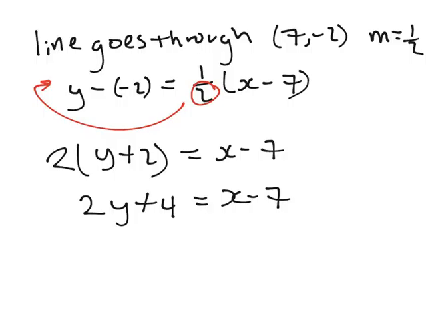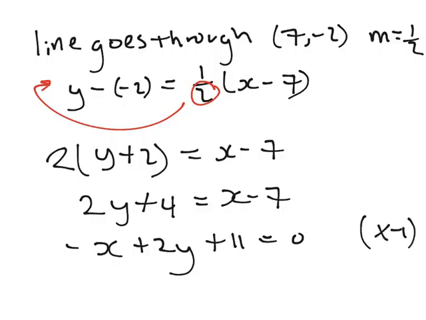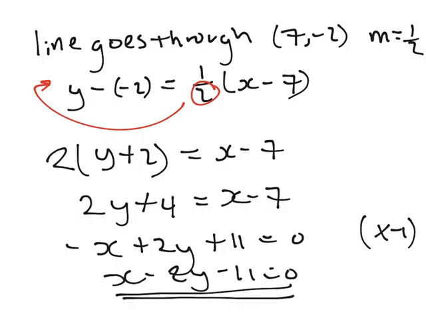Bring it over to the right hand side, I get negative x plus 2y plus 11 equals 0. And because I don't like negatives at the front, I'm going to multiply the whole thing by negative 1 to get x minus 2y minus 11 equals 0. And that is the equation of the line that we are looking for. That is the point gradient method.